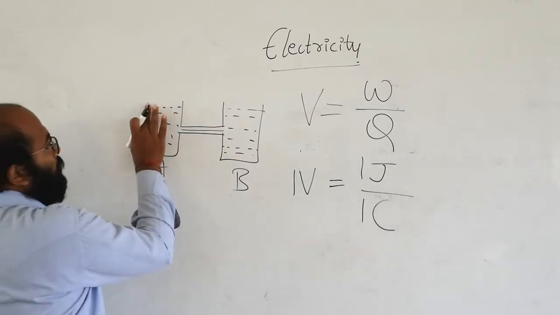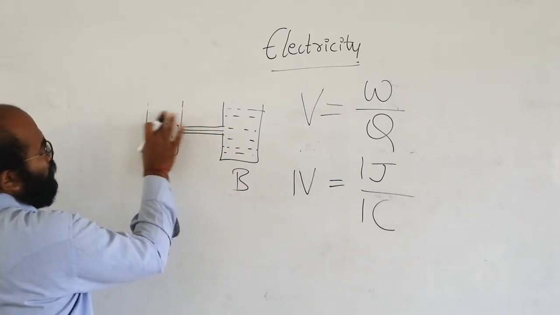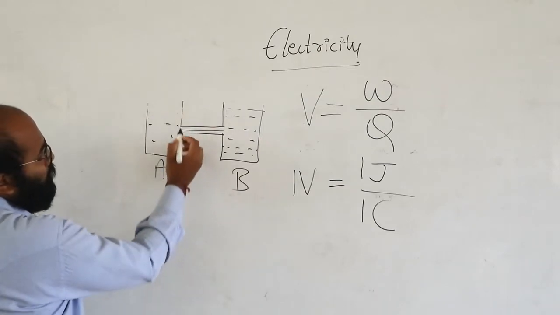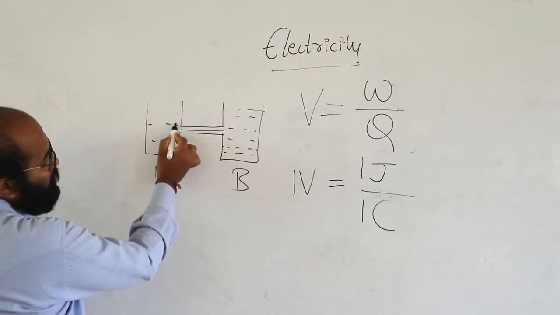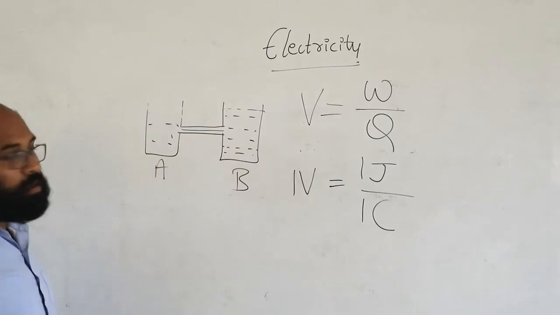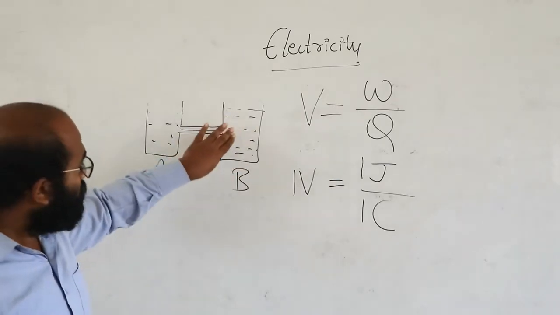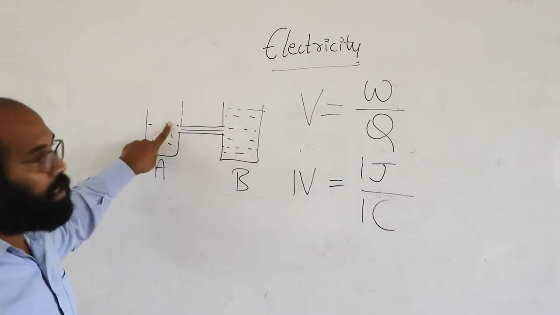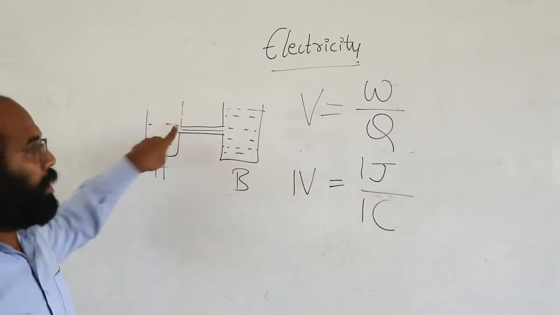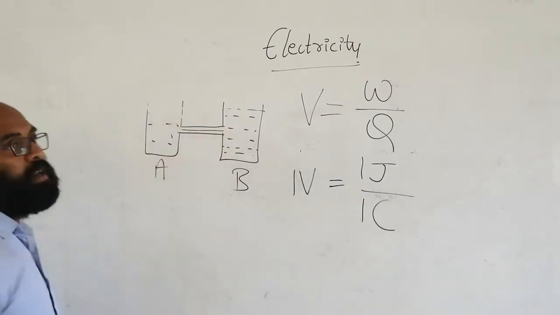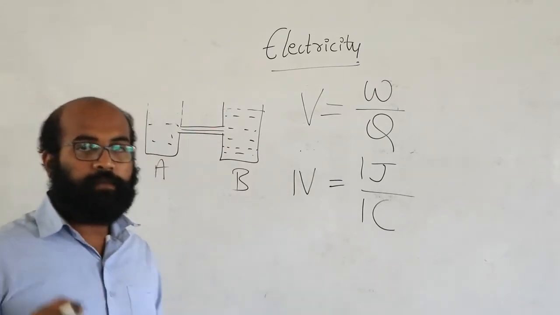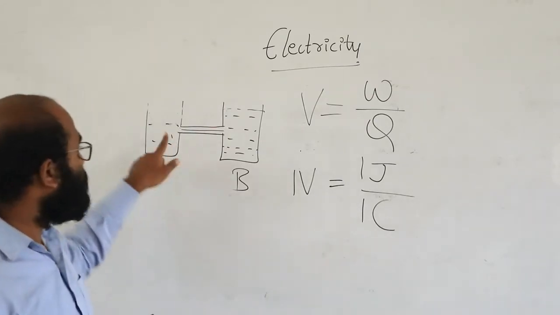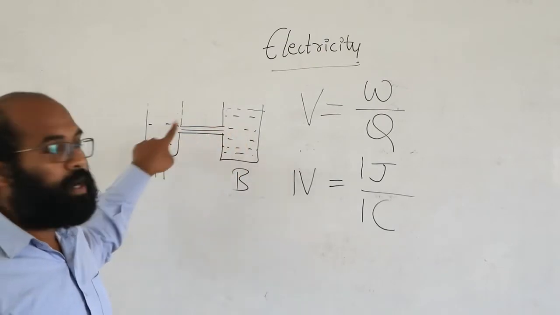If we decrease the water in one container, some amount of water starts moving from here to here until both water levels become the same. Since there is a potential difference, there will be movement of water.